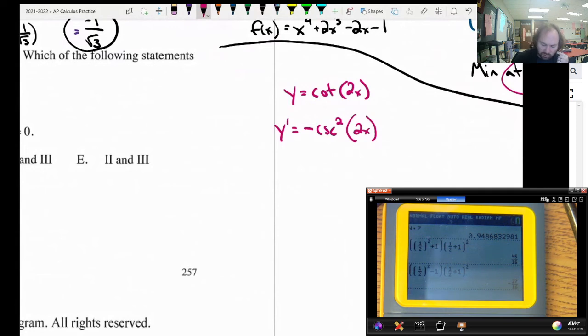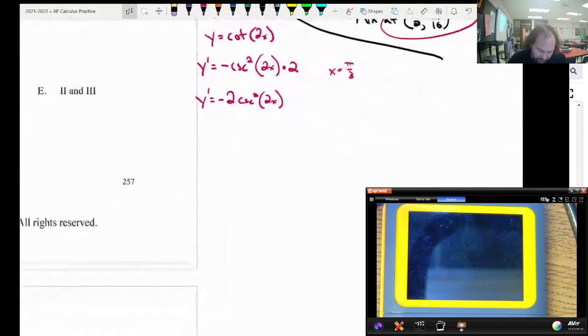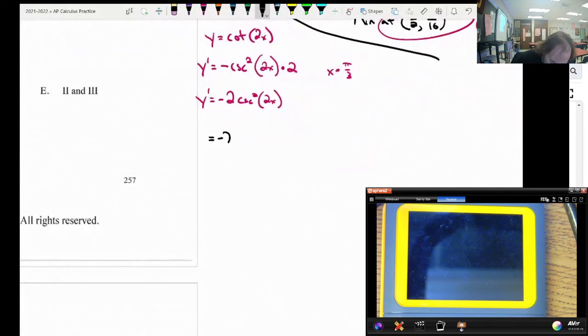And of course, we need to multiply that by the derivative of the inside because of the chain rule. So our final derivative here is y prime equals -2 times cosecant squared of 2x. And again, x in this problem is pi over 3. So this is going to get a little bulky with some fraction work in a minute, but it's nothing too seriously complicated. I like to think about this as 1 over the sine squared of 2 pi over 3.